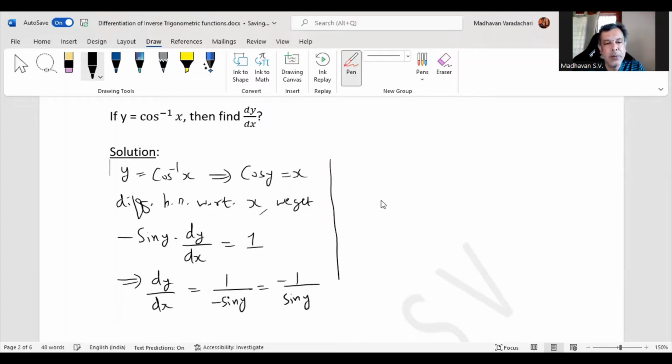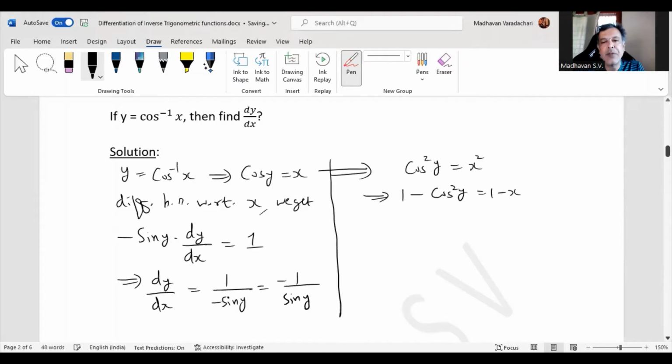Now we have to express this sine y in terms of x. So first of all, we'll be taking this cos y equal to x. If I square it on both sides, it is cos square y is equal to x square. Subtracting both sides from 1, we get 1 minus cos square y is 1 minus x square, which means 1 minus cos square y is sine square y, and that is 1 minus x square.